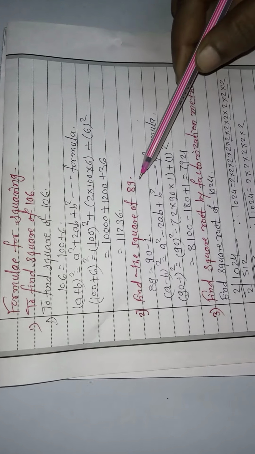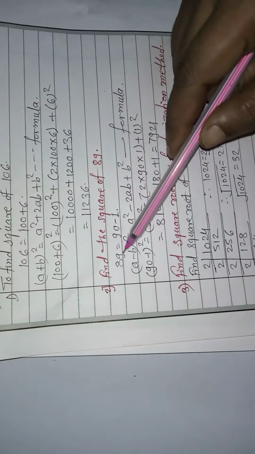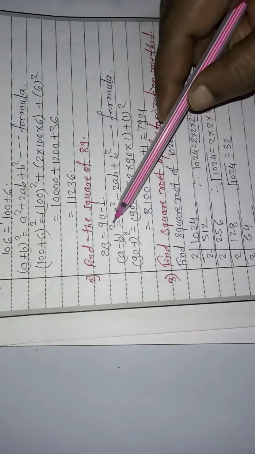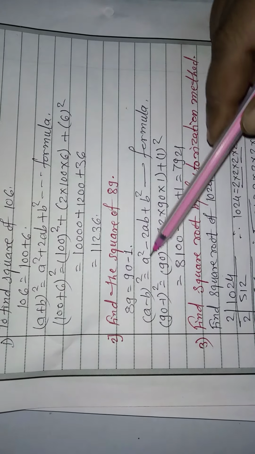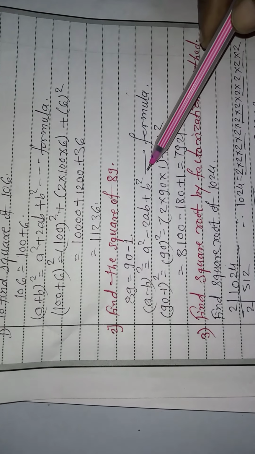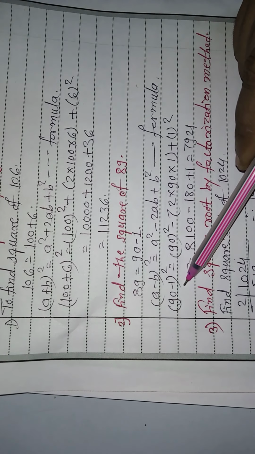Now find the square of 89. At that time we divide it. 89 is equal to 90 minus 1. Therefore we use the formula (a minus b) whole square is a square minus 2ab plus b square. Now we use (90 minus 1) whole square.